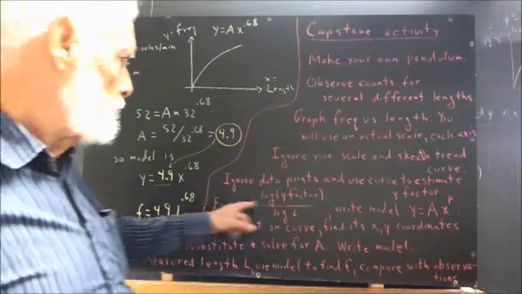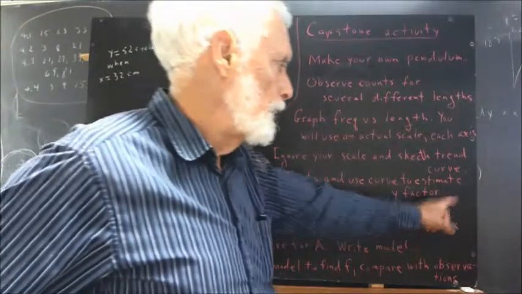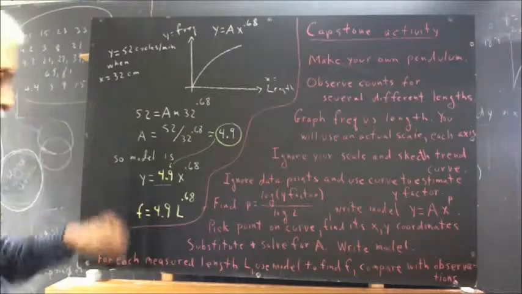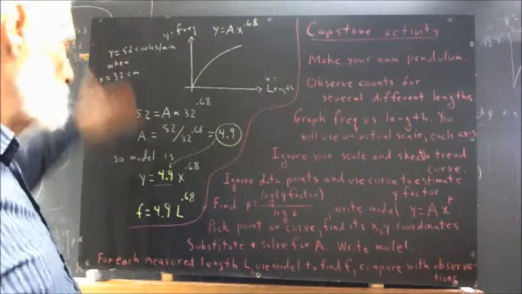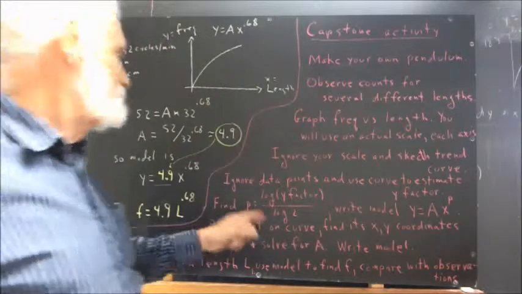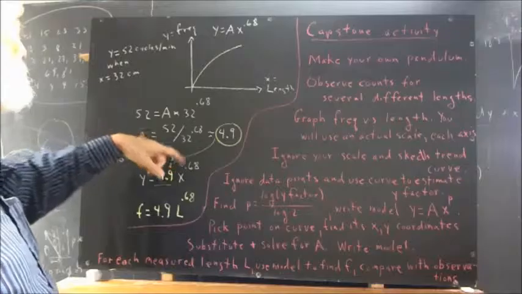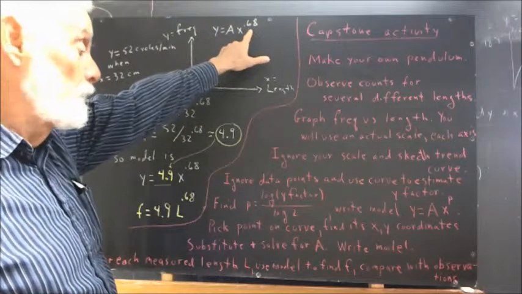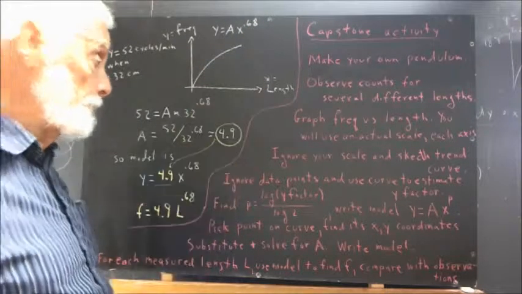Okay, so you find this log and you write your model y equals ax to the p, just as we did over here. Well, we were doing more than that here. You find your y factor and you write model y equals ax to the p, which would be like y equals ax to the 0.68. This is where you've found your y factor and used it to find your power, and that's what you're going to put in here.